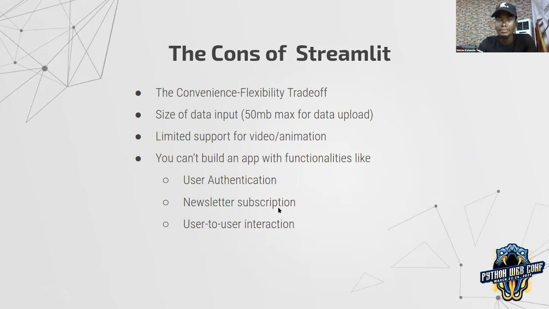And lastly, you can't build an app with functionalities like user authentication, newsletter subscription, having a chatbot, or having a message room. Streamlit doesn't allow for all this. If you need to include this kind of complex functionality, you will need to make use of maybe Flask or Django to get that done.